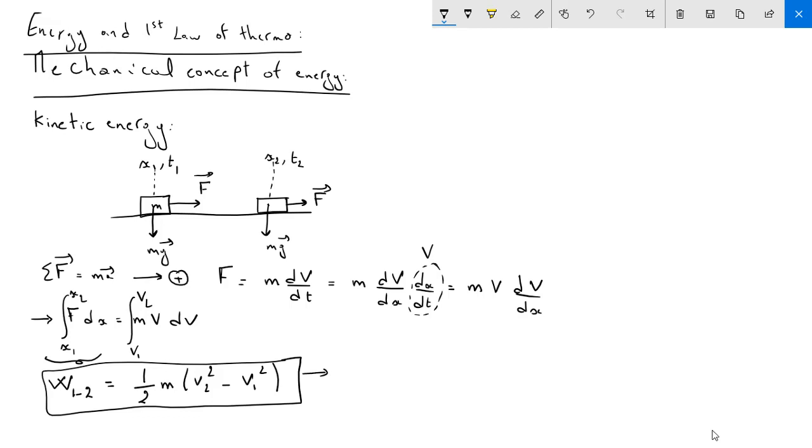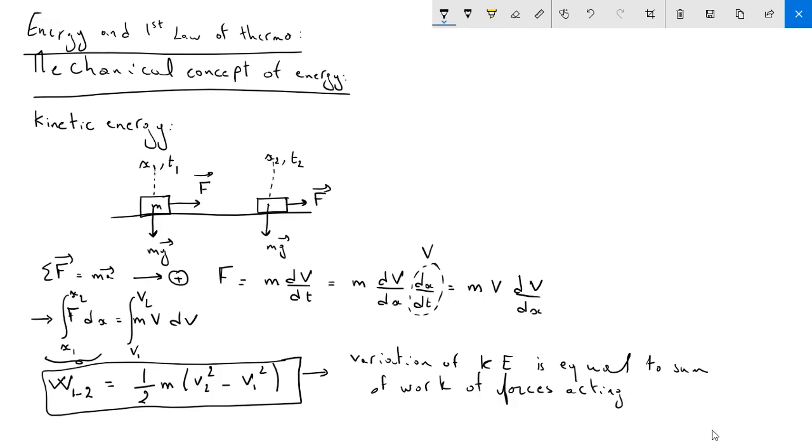So the variation of kinetic energy in the system is equal to the sum of work of forces acting on the body.